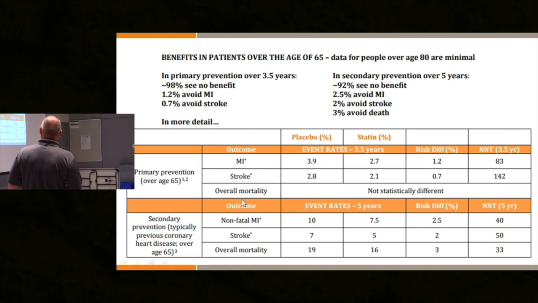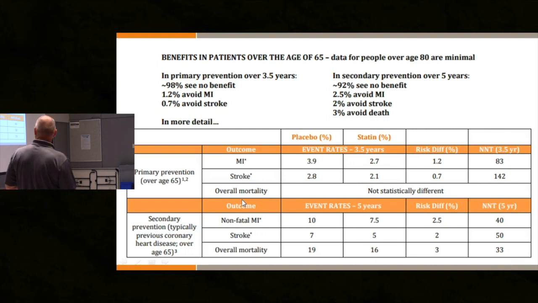And so the concept of number needed to treat: how many people you need to treat in order to prevent one event? You have to treat 83 people for 3.5 years to prevent one heart attack and 142 to prevent one stroke. That's for people who have not had an event, and you don't actually affect mortality.